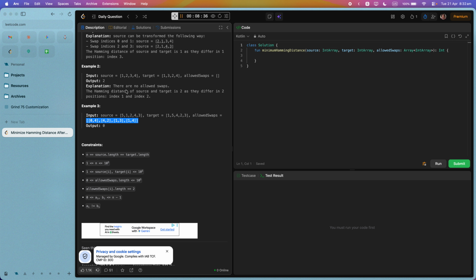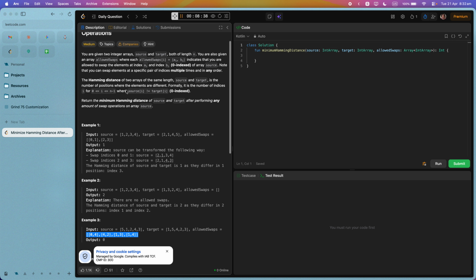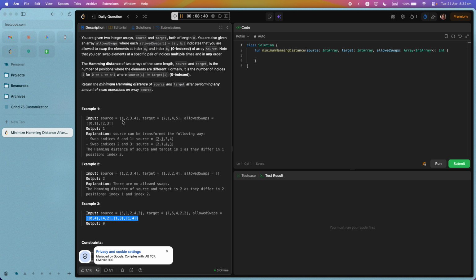The problem occurs where we have fewer than expected indices. So this is 0, 1, 2, 3. Oh, that is also not possible, because this is 0, 1 and then 2, 3, but there is no connection between 1 and 2.